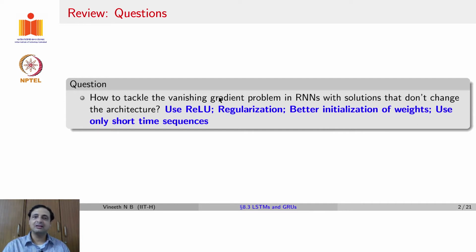For the positive activations, it keeps the gradient as it is. You could regularize in some way. You could initialize the weights in some way that helps carry the gradients backward. And you could also consider using only short time sequences so that the gradient does not vanish within that short time frame.